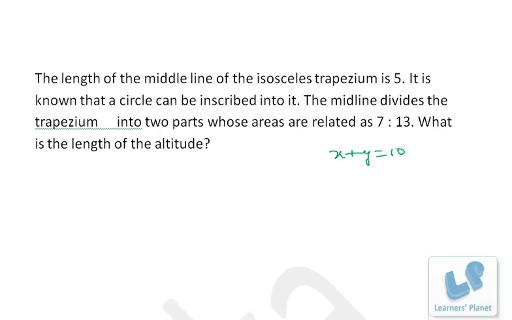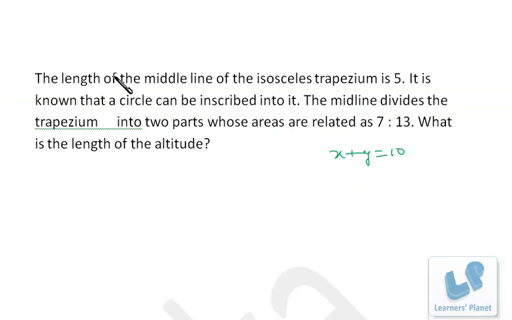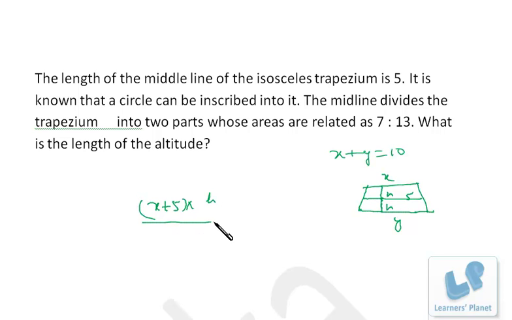Now the same funda we are going to use over here: half, sum of parallel sides into the distance between them. Assuming this distance to be h, I draw a simple diagram over here. So x plus 5 into h by 2, and then y plus 5 into h by 2, is equal to 7 by 13.